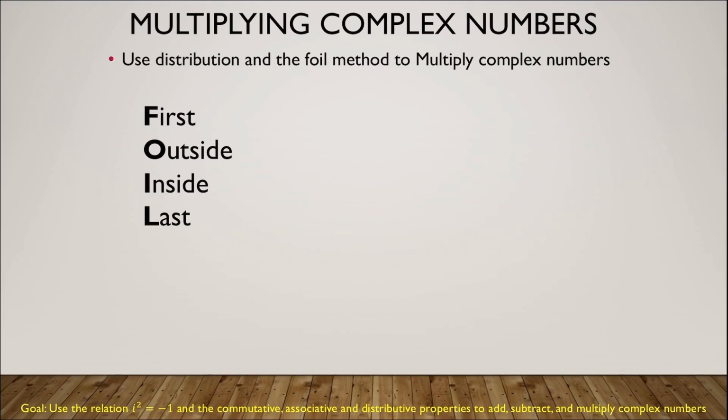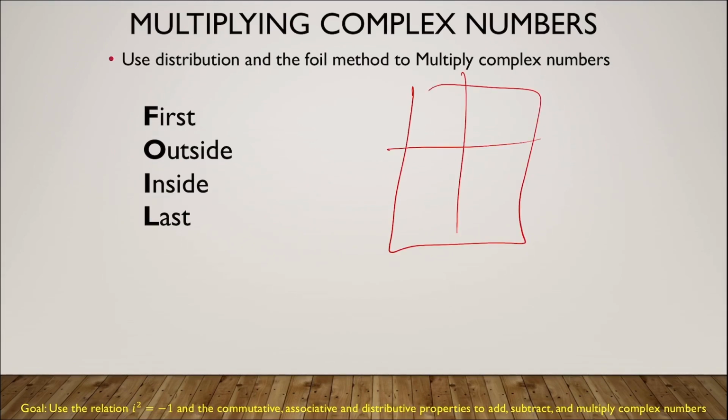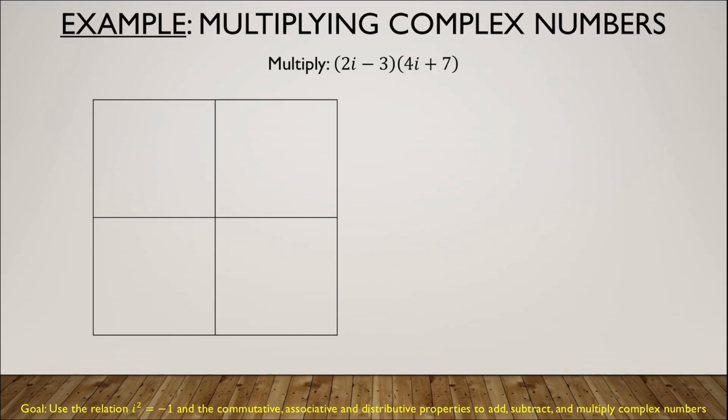All right, so multiplying complex numbers, we use the distributive property and the FOIL method to multiply complex numbers. I think I'm actually going to use the tabular method, that little box method. I think it will help quite a bit. All right, so multiply 2i minus 3 times 4i plus 7. So I have 2i minus 3 and 4i plus 7.